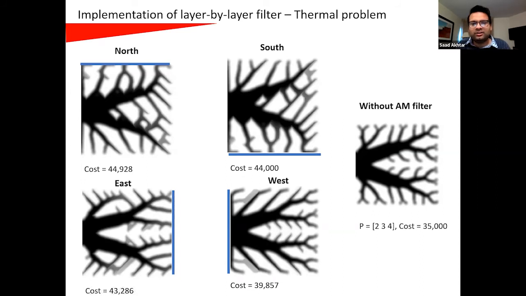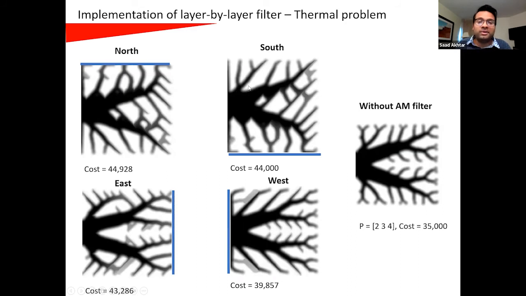However, there are certain issues with it. You see in some of the areas the design is not really crisp. It's a bit diffused. And another thing to note, which is going to be a recurring theme in the results, is that the cost function increases when you incorporate the additive manufacturing filter.